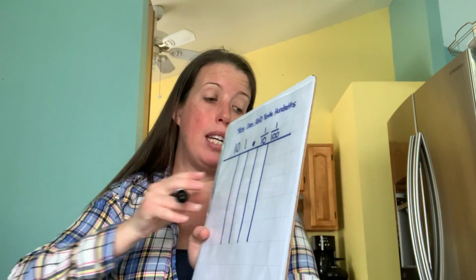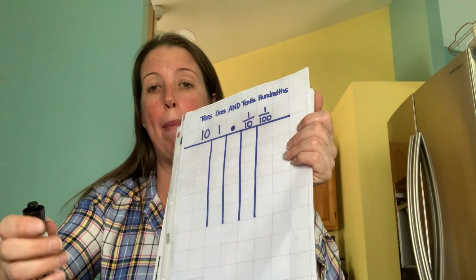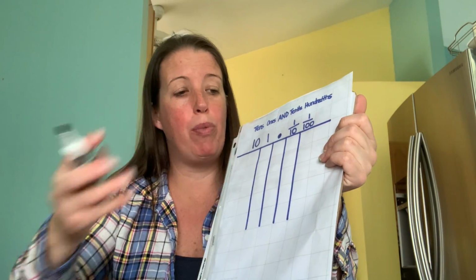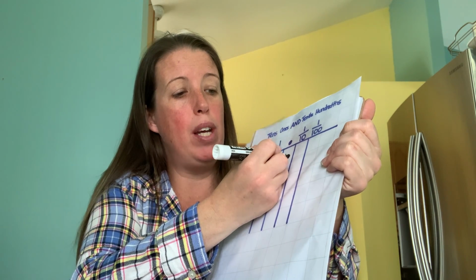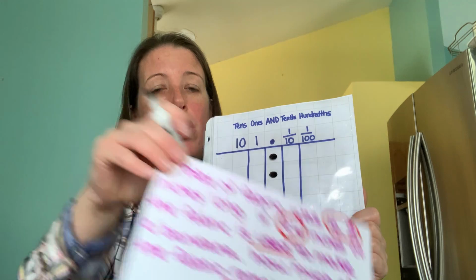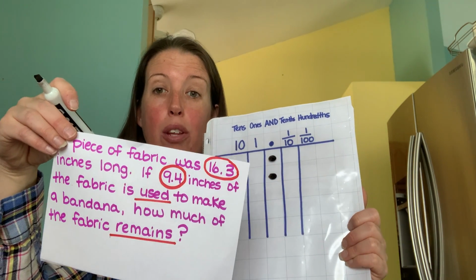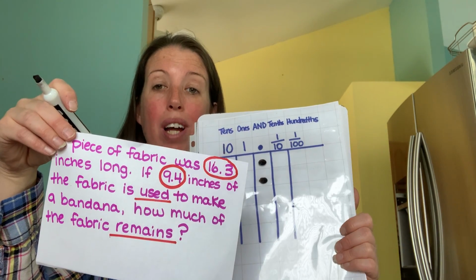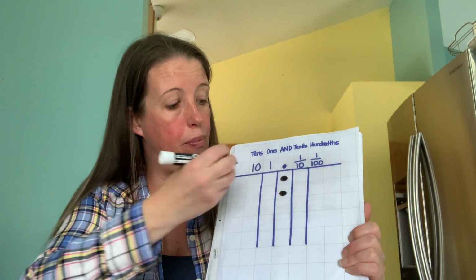So I'm going to do that using my place value chart. And what I like to do is I like to read the digits as I see them. So first things first, I always put my 2 decimal points. So decimal point 1, decimal point 2 for my 2 numbers. The first number, 16 3/10, I see 16.3.